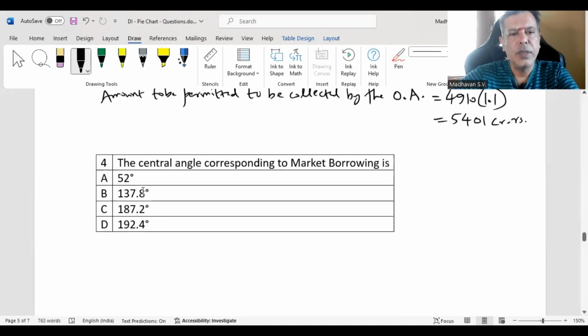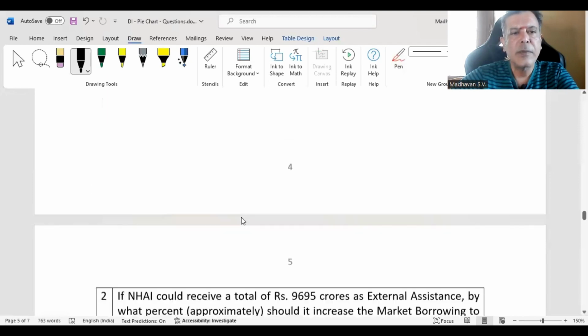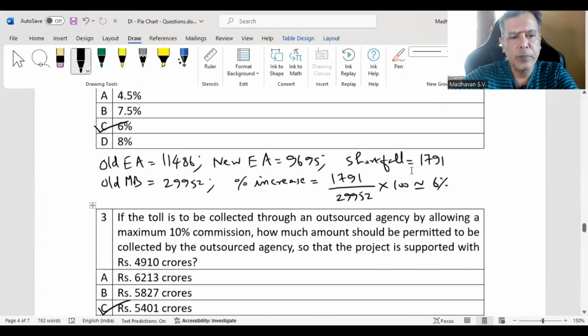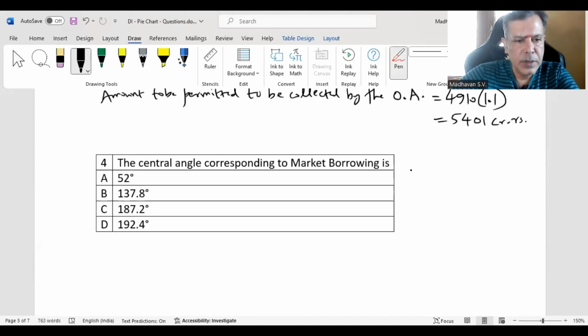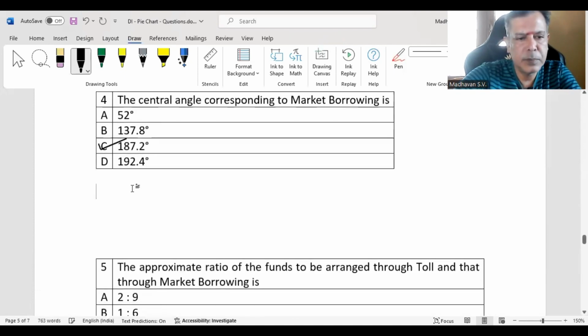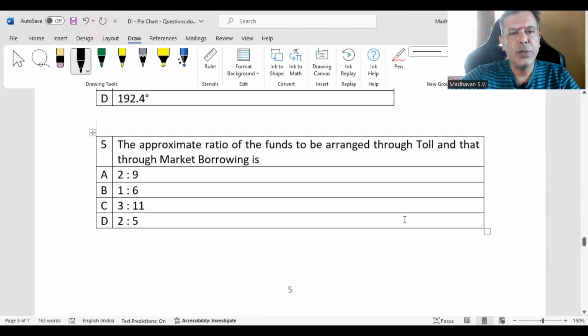Next, fourth question. The central angle corresponding to market borrowing is, we already calculated the angle. Market borrowing angle is 187.2. So this is option C. Let us move on to the next question. The approximate ratio of the funds to be arranged through toll and that through market borrowing is.